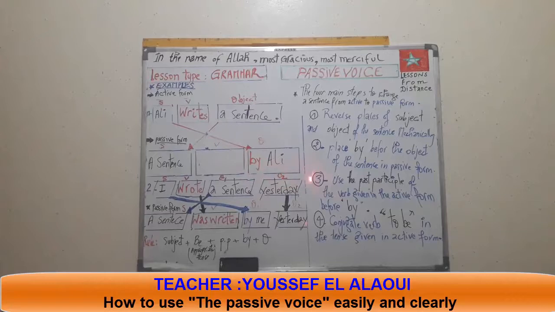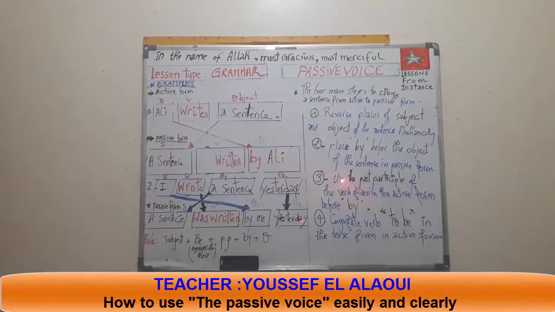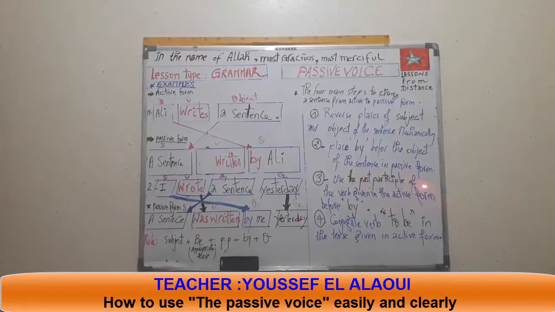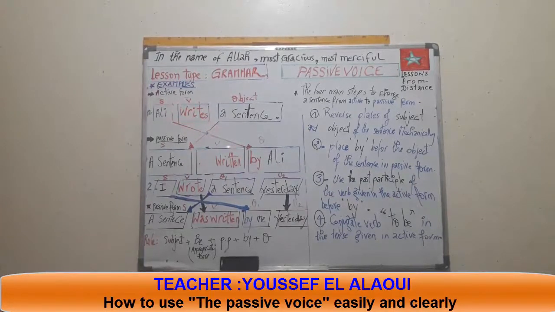Now let's move to step number 3. Use the past participle of the verb given in active form. The verb write, past participle is written. We place it immediately before by.